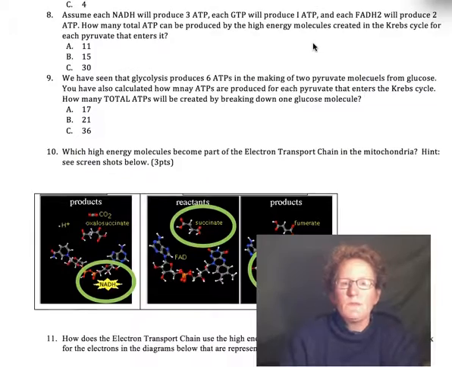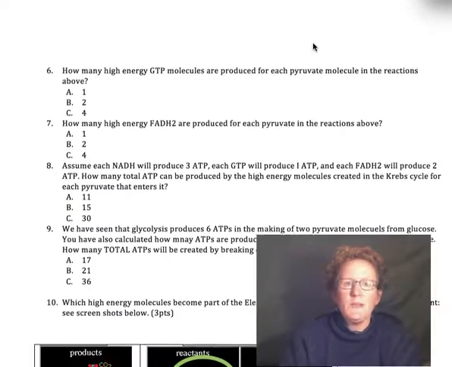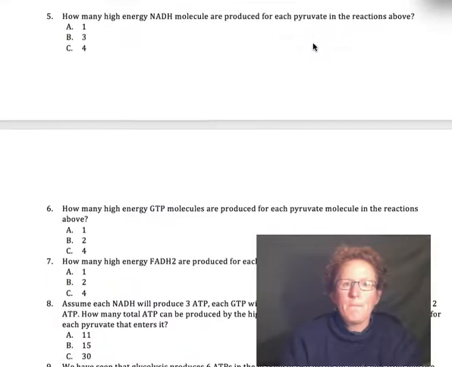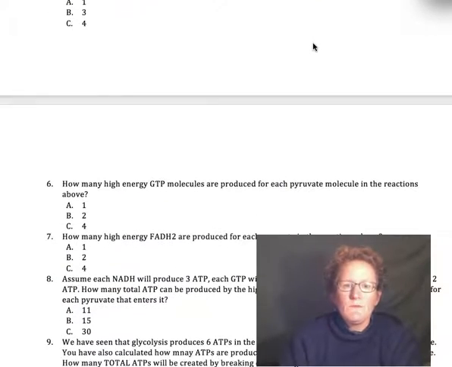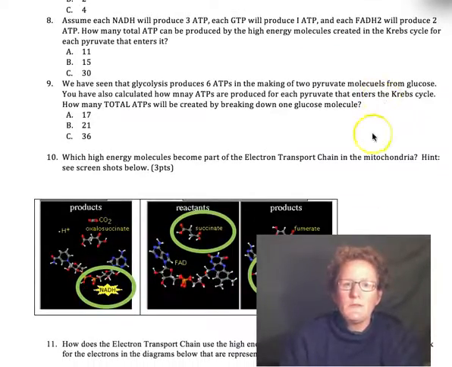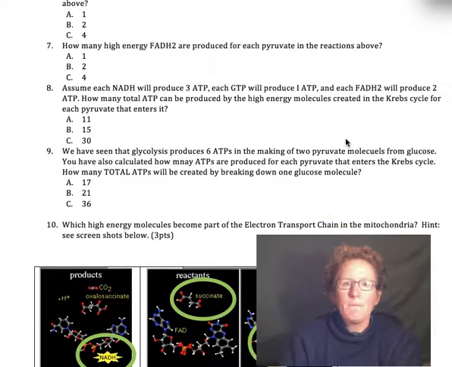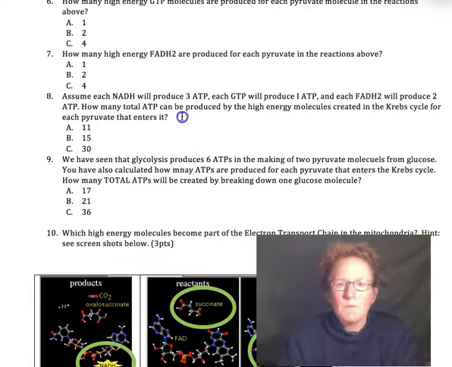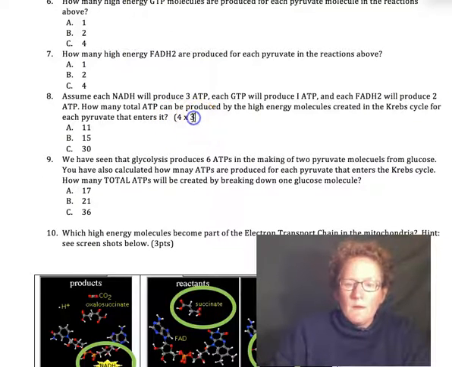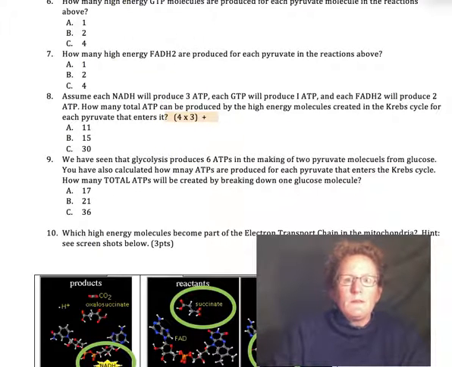So let's remember how many NADHs were created. That's 4. So we need to multiply 4 times 3. That's for NADH. And we're going to add that to what we get for GDP. I'll highlight all of this in green here so it's easier to see.